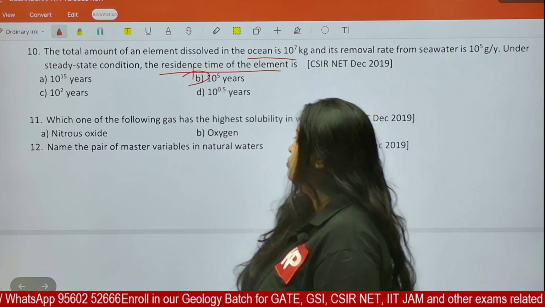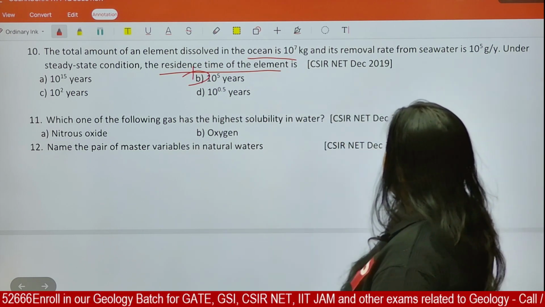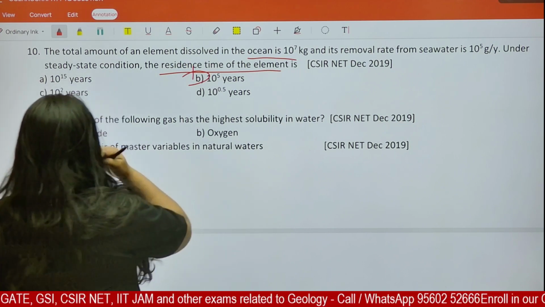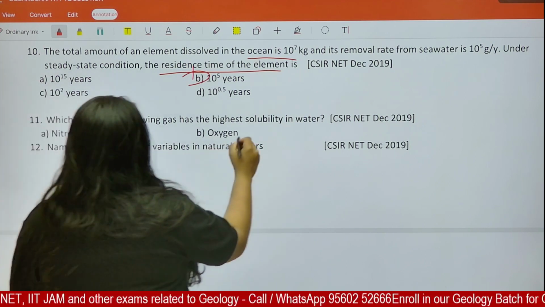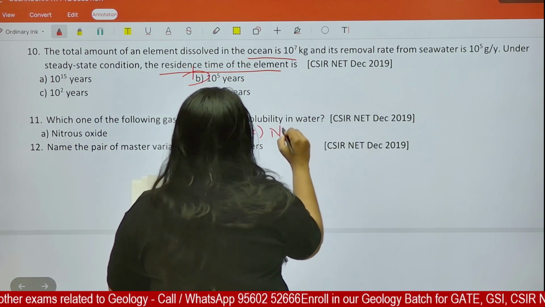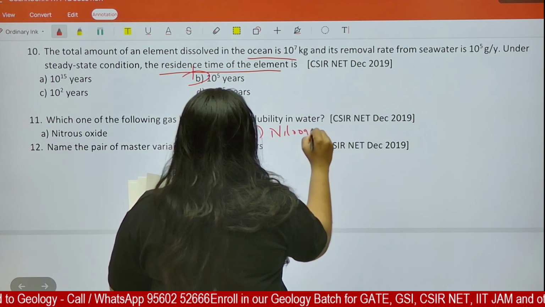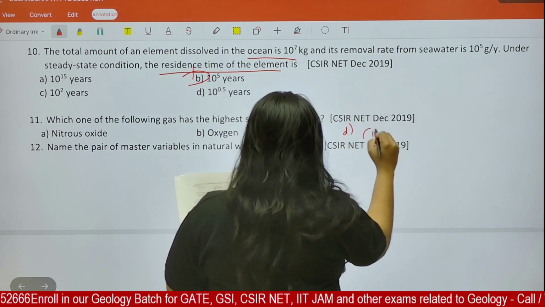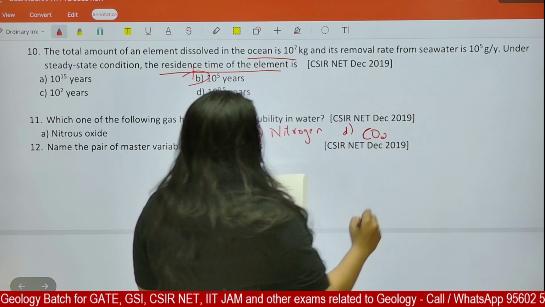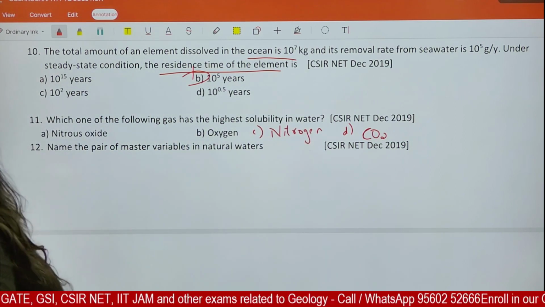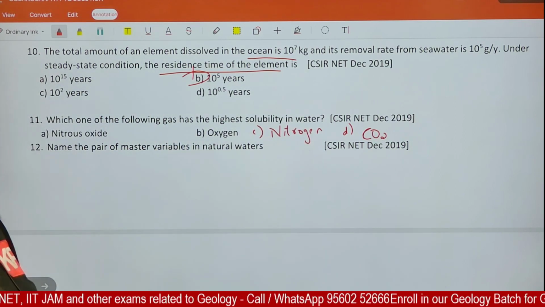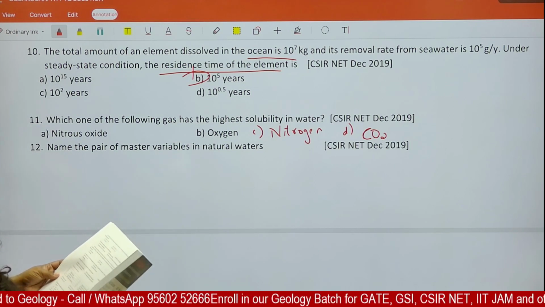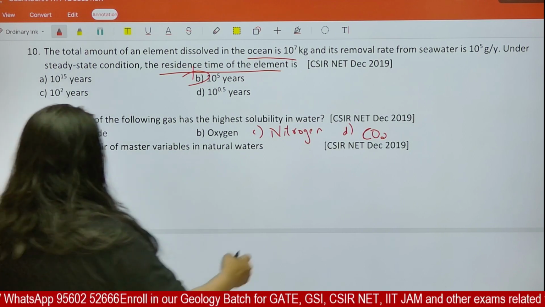Okay. Next one, which one of the following gases has the highest solubility in water? There are more options over here. Nitrous oxide, oxygen, option C nitrogen, option D is carbon dioxide. Obviously the answer is carbon dioxide.